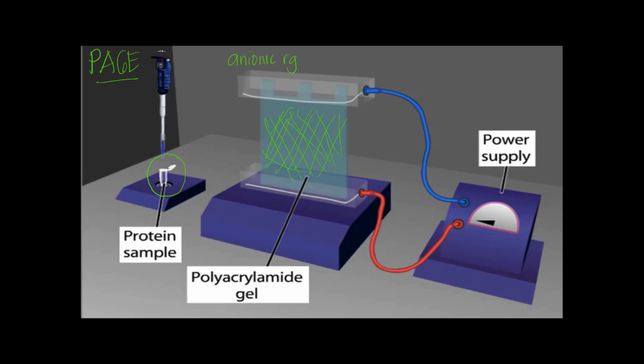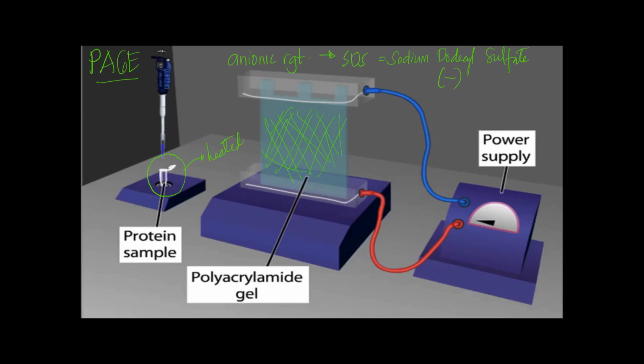The anionic reagent that we commonly use is SDS, or sodium dodecyl sulfate. This SDS molecule is negatively charged, and after adding SDS, the sample is then heated, so that will denature the proteins.